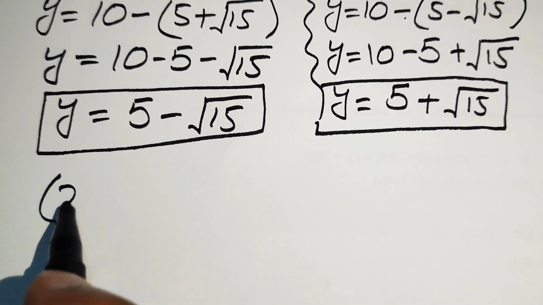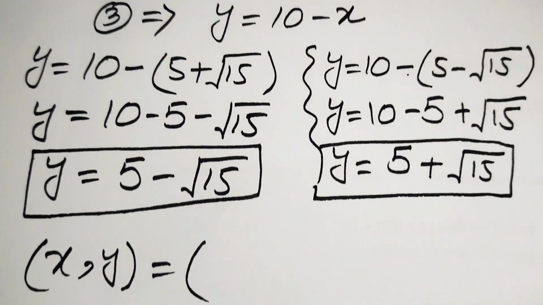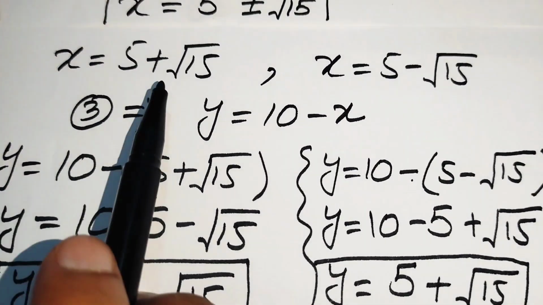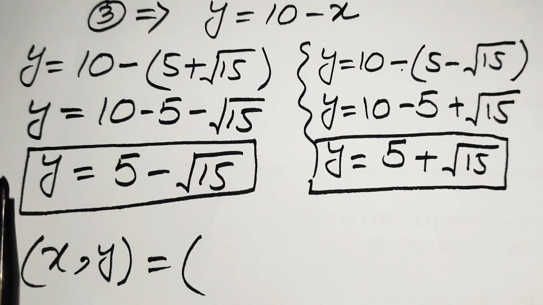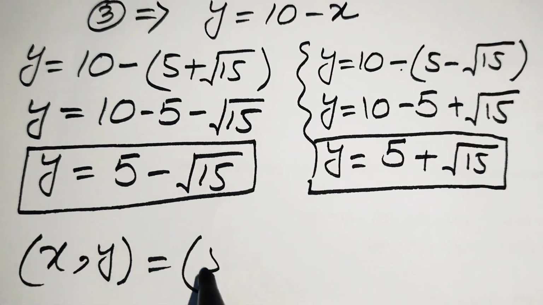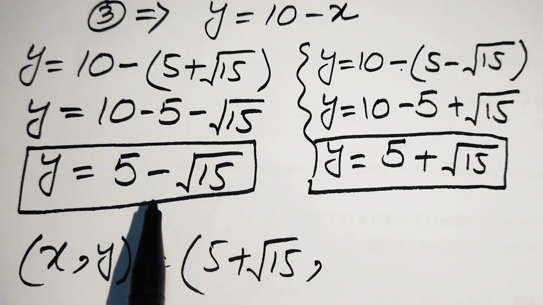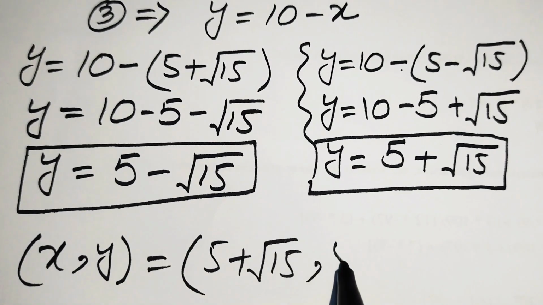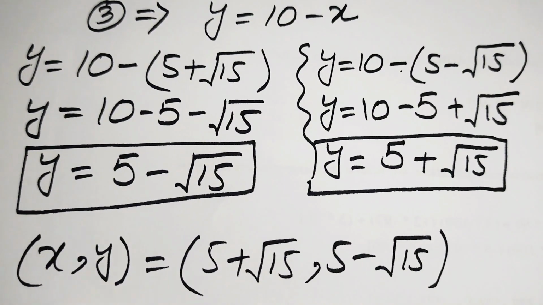First, when we put the value of x as 5 plus square root of 15, according to this value of x we get the value of y as 5 minus square root of 15.